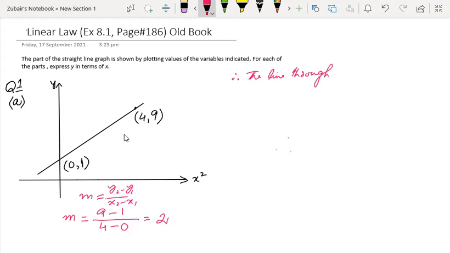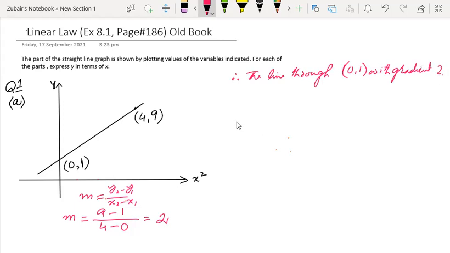We can pick any one of the points. So the easier one is 0, 1. So the line through 0, 1 with gradient 2.